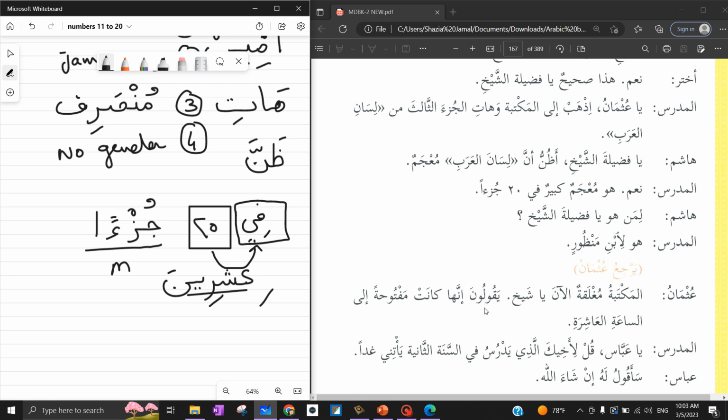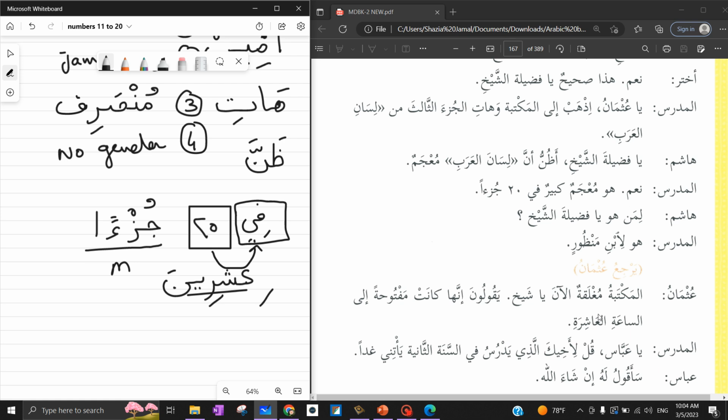Ya Sheikh. Yaquluna, they say, I mean the staff of the library might be. Innaha, the library; this ha damir is pointing to the maktaba. Kanat maftuhatan means was open. Ila as-sa'ati al-ashira. Now this is how you tell time in Arabic. We will also do the time rules in the coming lessons, inshallah.